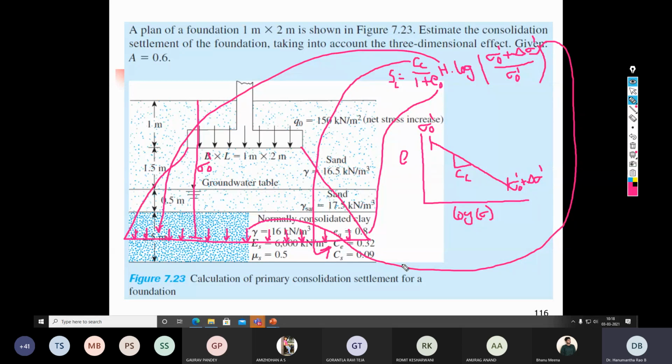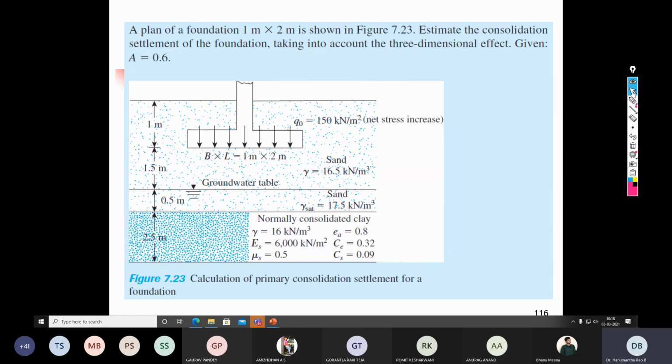Regarding the load distribution, please pay particular attention in the exam. Sometimes it may be given as 1:1 load distribution, or 2:1 load distribution, or 2:2, whatever it is, so accordingly your width varies. You have to pay little attention to that. If nothing is mentioned, you can assume any load distribution. Typically, we follow 2 vertical to 1 horizontal. I hope everybody has noted down.